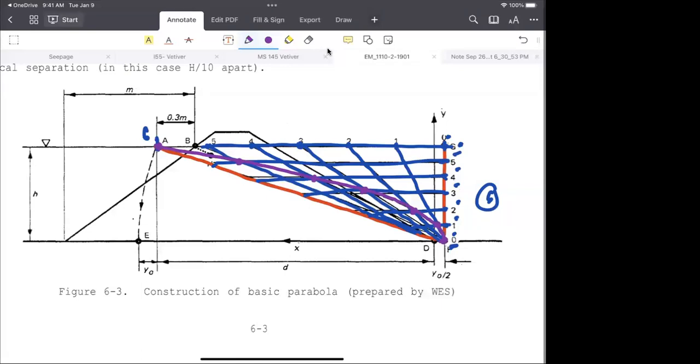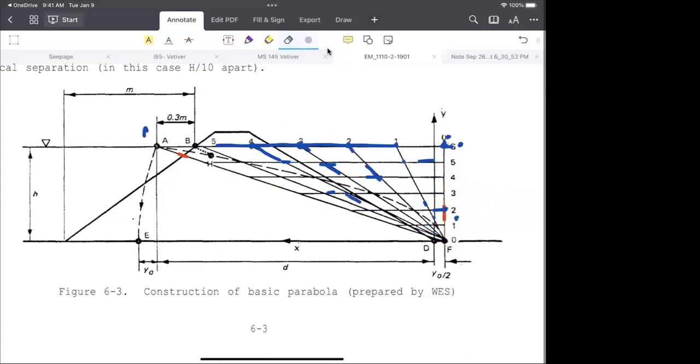It's a partial seepage line. It's not the full seepage. It's a partial seepage. So let me erase everything again, and then just redraw the purple line. Okay.